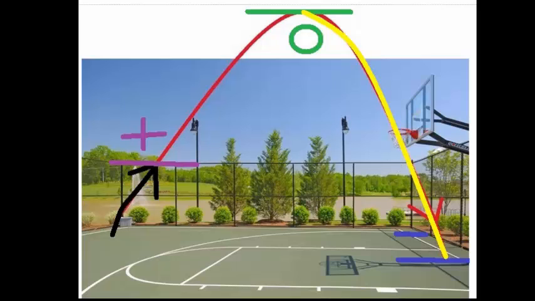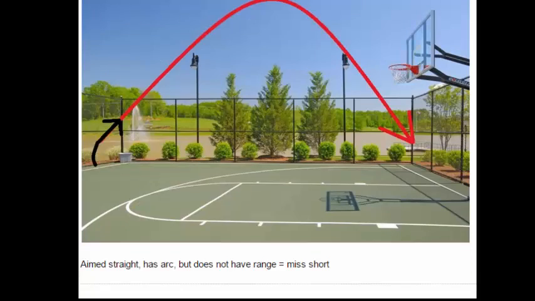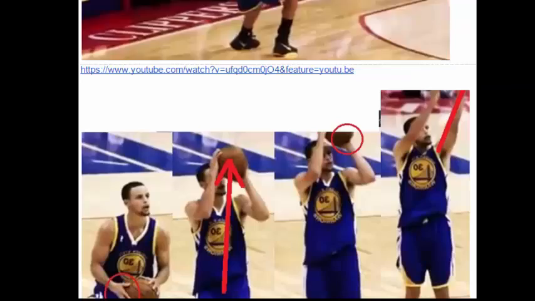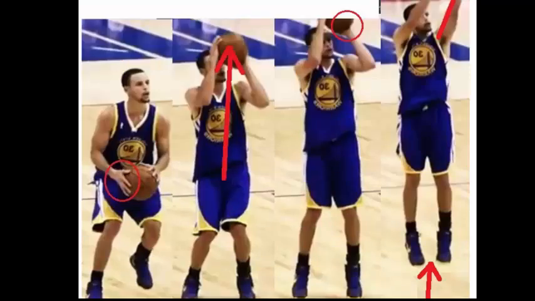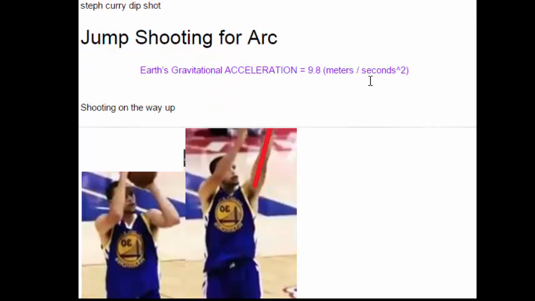Let's talk briefly about how we can use this to improve our ability to shoot. Let's skip to arc and think about jump shooting and how that affects arc. We're looking at Earth's gravitational acceleration as 9.8 meters per second.